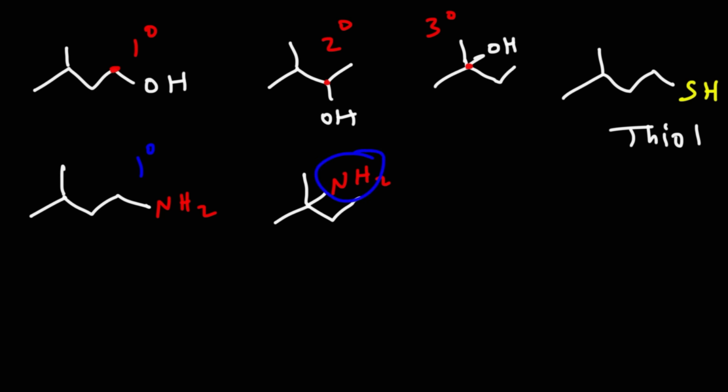This here, it's not a tertiary amine, it's a primary amine. When dealing with amines, you don't look at how many carbon atoms are attached to the carbon that bears the amine functional group, but rather you look at how many carbon atoms are attached to the nitrogen. Only one carbon is attached to the nitrogen here, and the same is true for this one. Only one carbon is attached to the N, and that makes both of them primary amines.